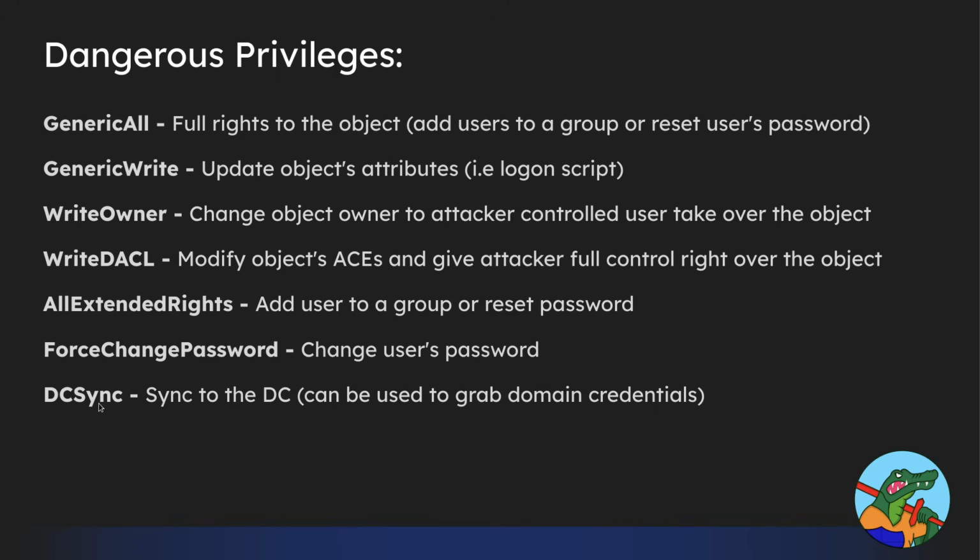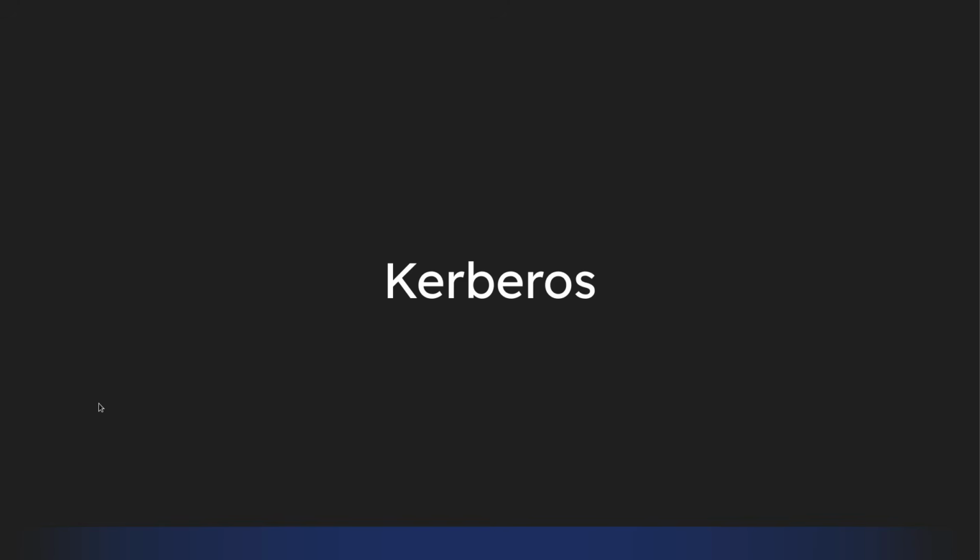A DCSync would give you everybody's password, including the admin. So if you have DCSync, it's a valid thing you could do in theory. It's not like an exploit. Right, it's abusing a misconfiguration. Yeah. Okay.